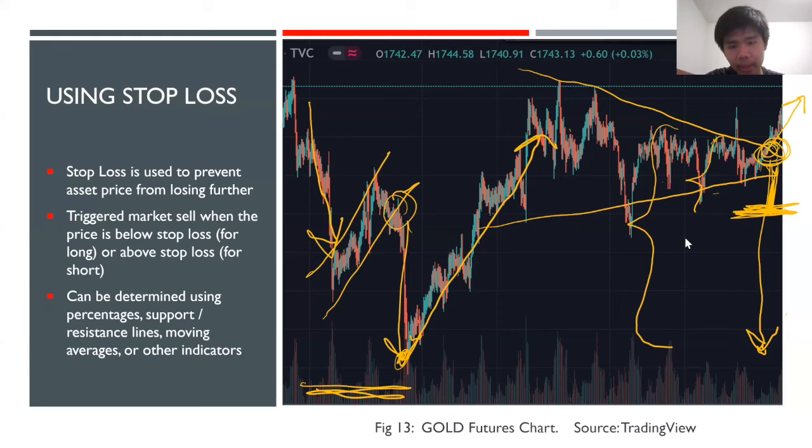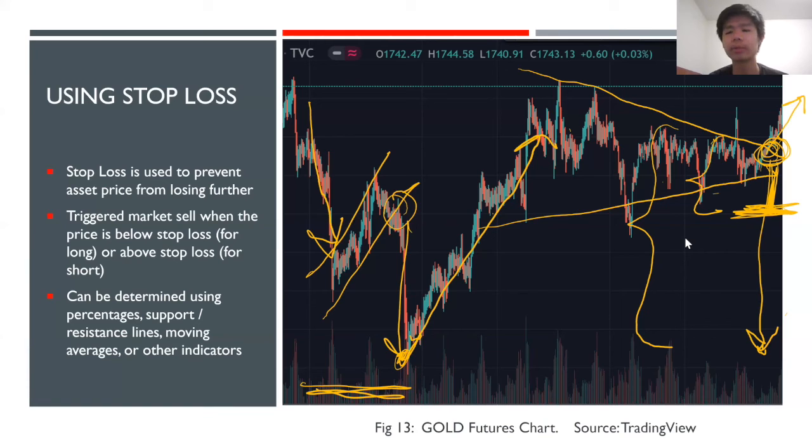So we have this amount of realized loss. Again, this will prevent the price from getting even lower, right? And this is a perfect risk mitigation plan, especially for traders that are trying to use technical analysis.